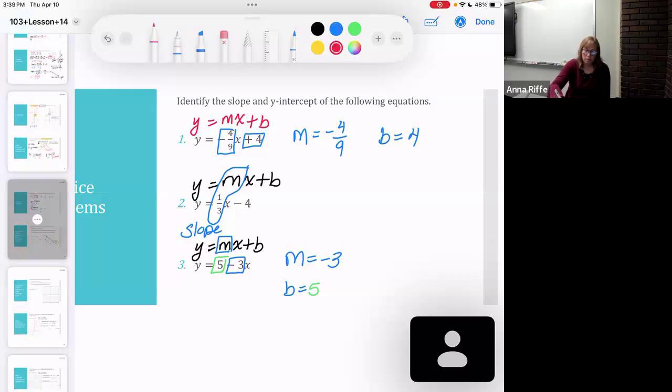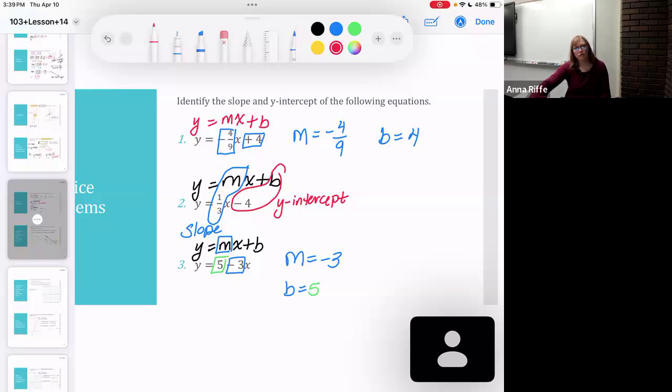And then the constant term is my y-intercept. So I agree that the slope for this equation is 1/3 and that the y-intercept is -4. Any questions on that one? Good.